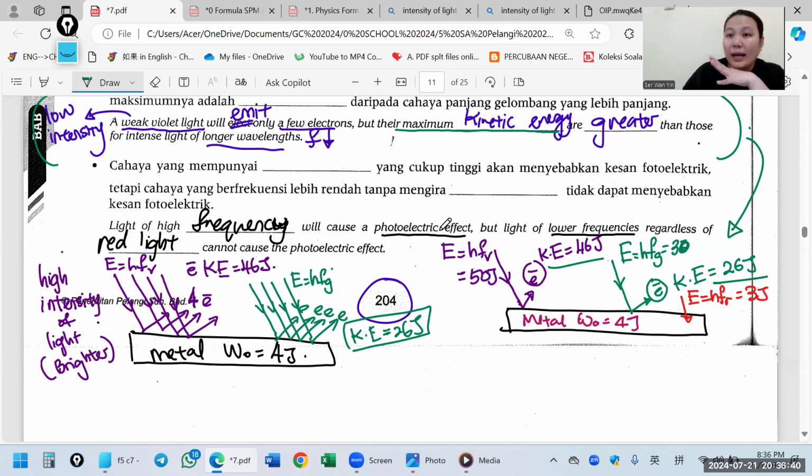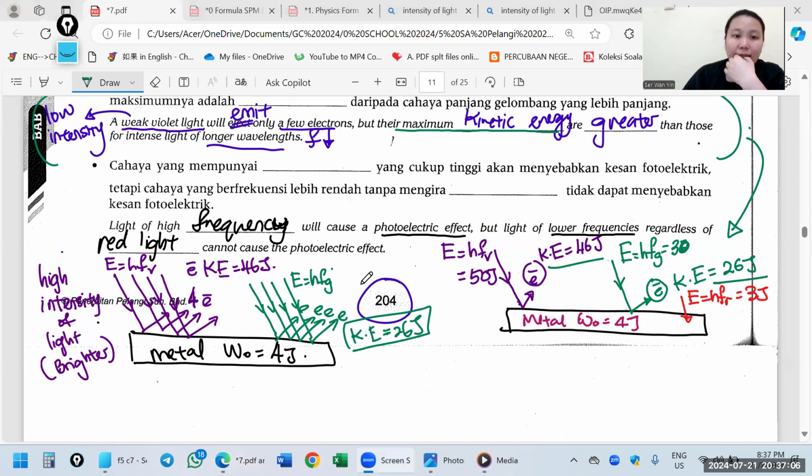And this is all a rough number only, not the real number, so that it is easy for you to understand. Okay, so now understand low intensity, high intensity means brighter, dimmer, brighter, dimmer.